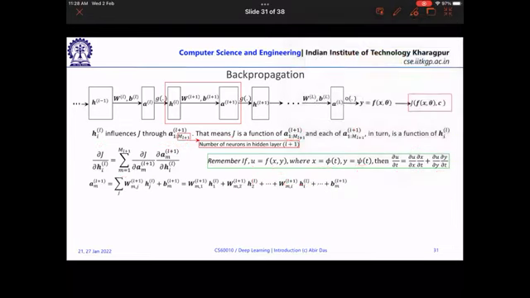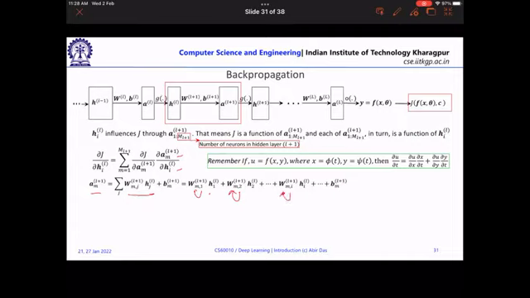Now what is the relation between A and H? In the next layer, it is W_1i multiplied with H1 from the previous layer, W_2i multiplied with the second H from the previous layer, and so on, and this is W_Mi.